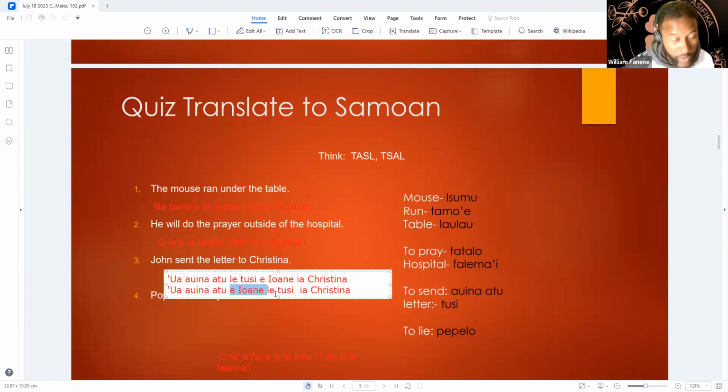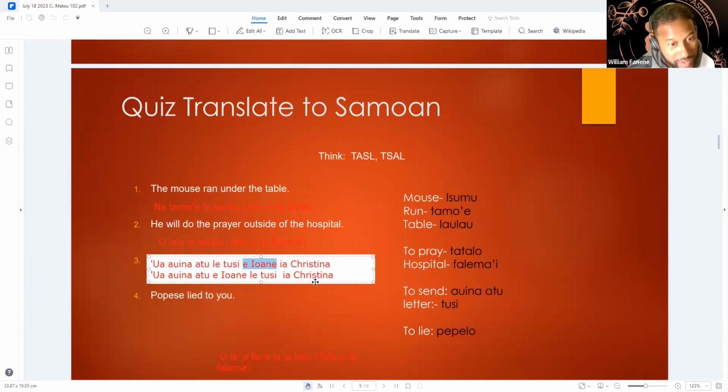Okay, so remember in Samoan if we have our subjects back to back like that, tense, action, and then we have 2, 3, 4, 11 subjects, we have to indicate who's doing the action with the e. Okay, so in this case we have e Ioanne, ua awinatu letusi e Ioanne ya Christina, ua awinatu e Ioanne letusi ya Christina. Okay, hopefully everybody caught that.